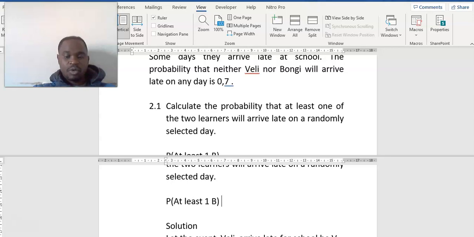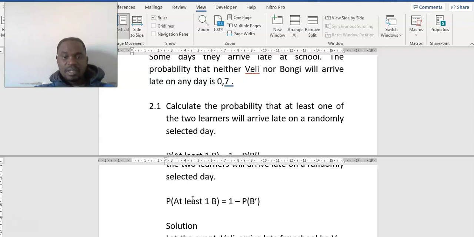Probability that one boy will come to school late at least is going to be 1 minus probability that that boy will not come to school late. So how do you represent that with a complement?